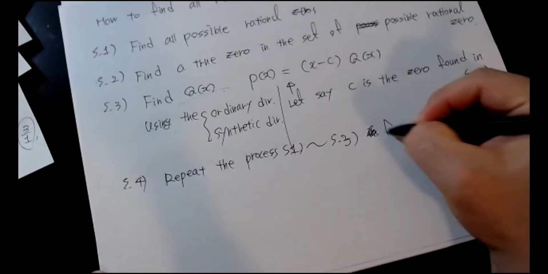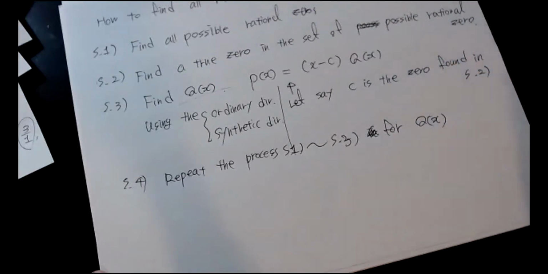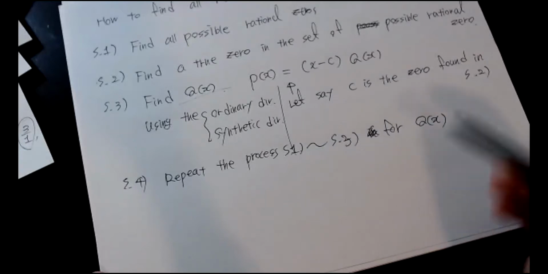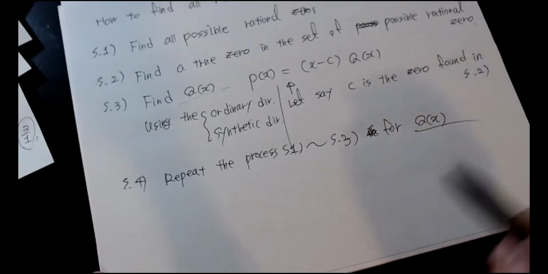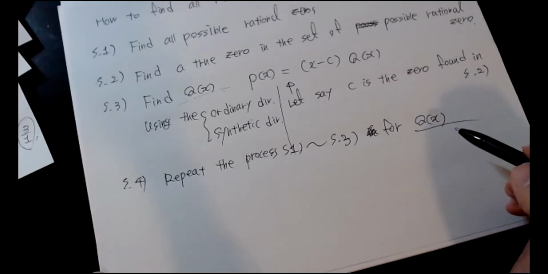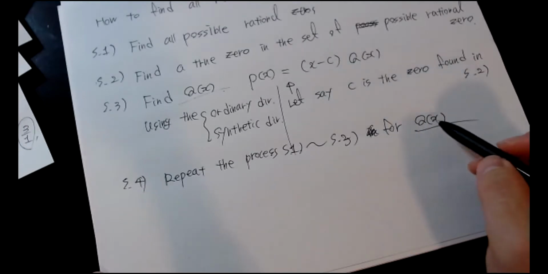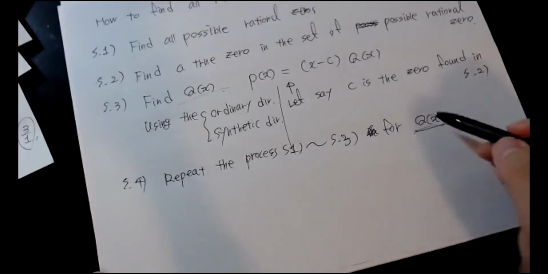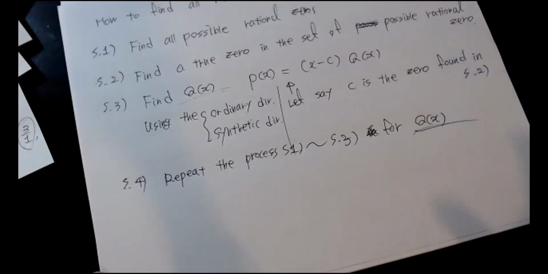So we find all possible rational zeros of q of x, and then find a true zero in the set of possible rational zeros. Then express q of x in terms of divisor and quotient.